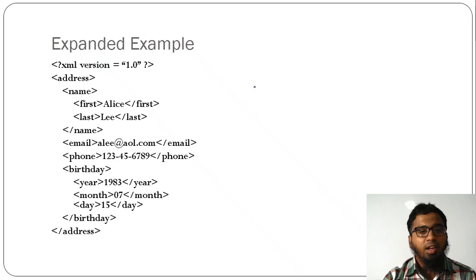So an expanded example, like name, okay, properly nested, you need to close. So address and address, here name with name, birthday and birthday. Here name is elaborated: first name, last name, email is email, phone number is the same, and in birthday the year is divided like this, month and day.